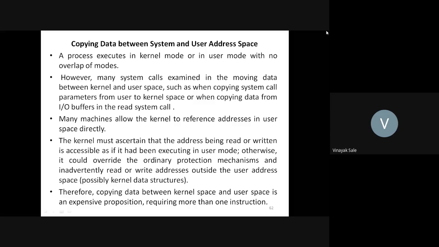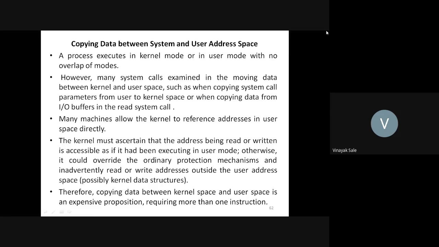Then the next part, copying data between system and user address space. A process executes in kernel mode or in user mode with no overlap of modes.